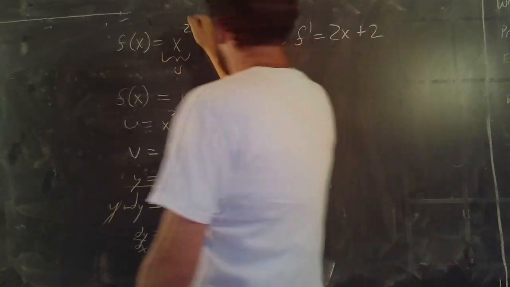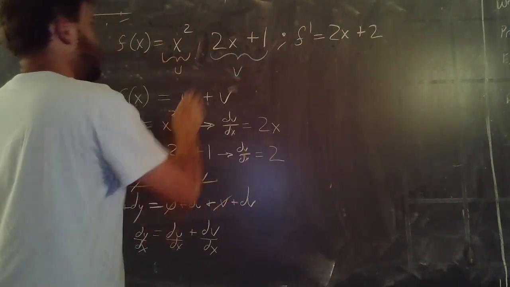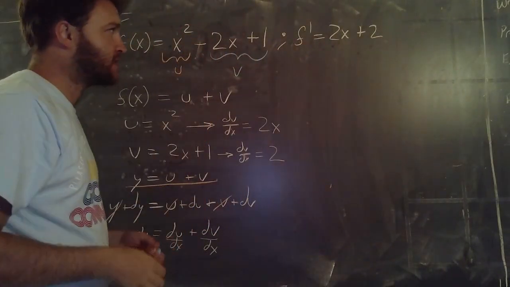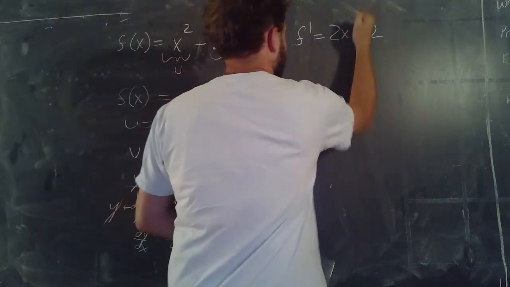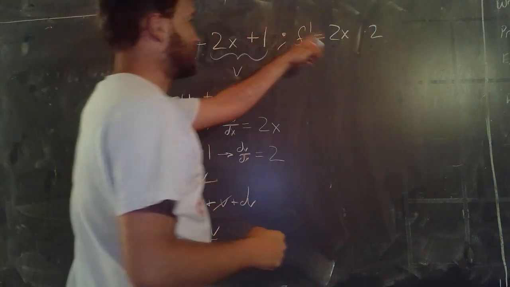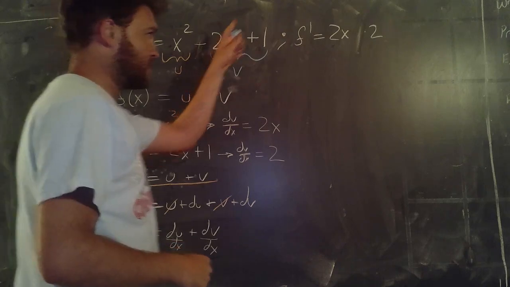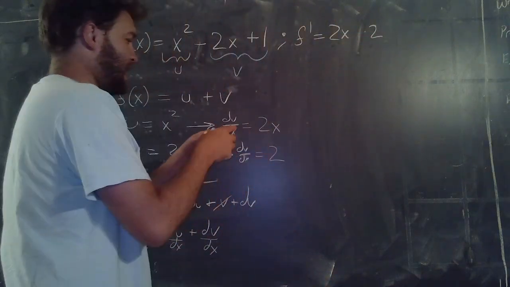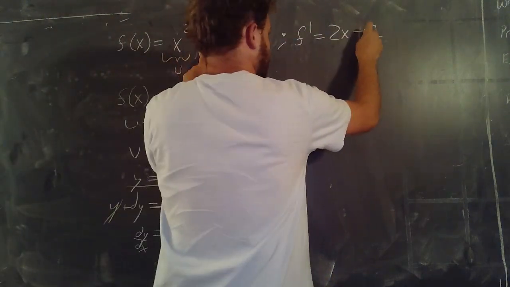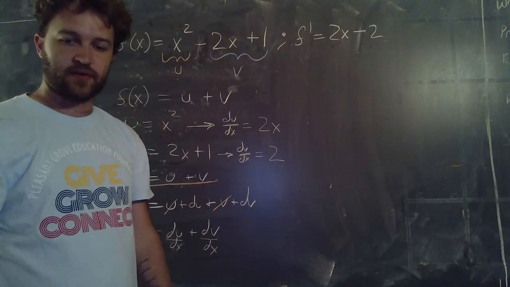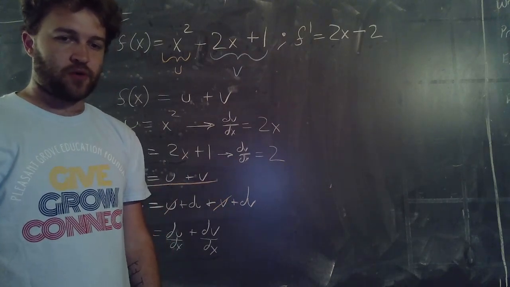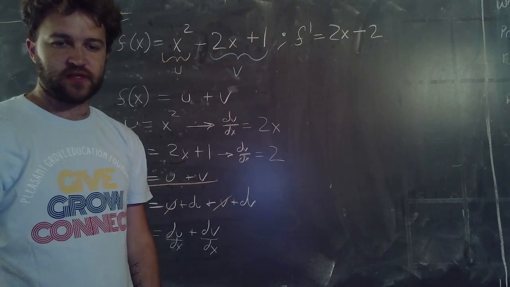If I change this to x squared minus 2x plus 1, well then what will happen is in the derivative, the x squared derivative is 2x, the 2x derivative is 2, and so since I have a minus here, I just minus in the middle, and that is my derivative. It's a very, very important property, the linearity of derivatives.